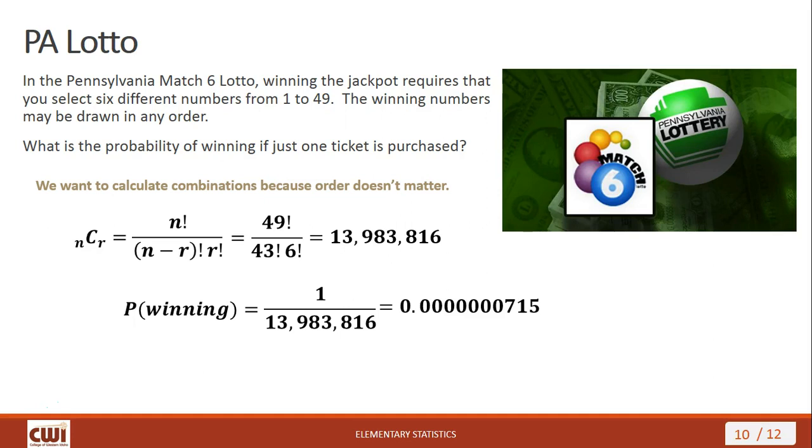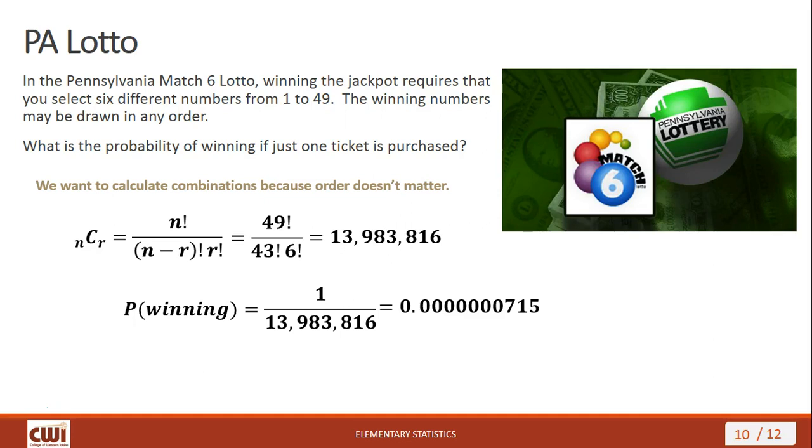What about 71%? Well, yeah, I'd say 71% is a really decent chance of winning. So, how many tickets would we have to purchase in order to get that 71%? Well, we'd have to move that decimal point over here to the left of the 7 in order to get 71% for our probability.